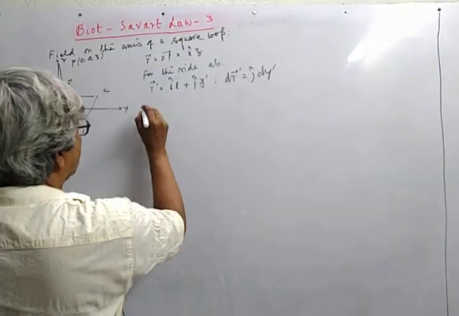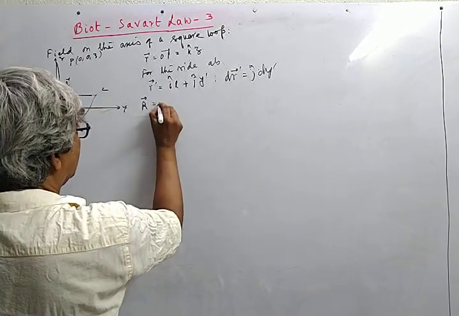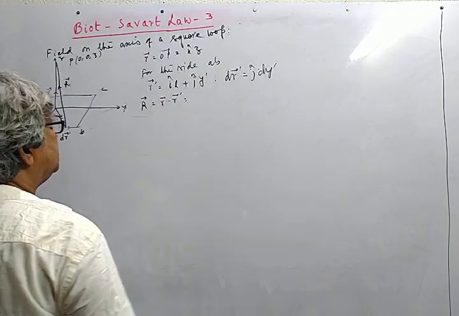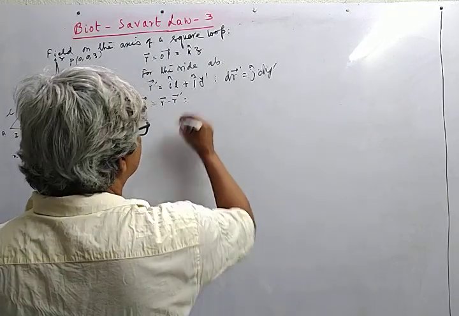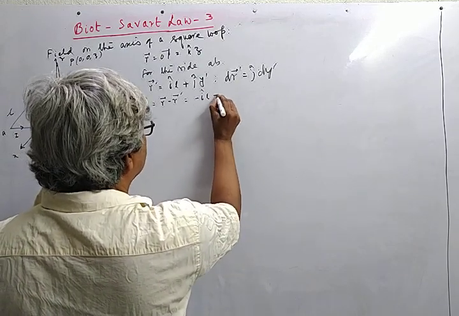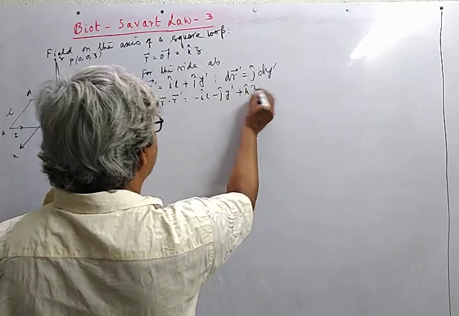And capital R, the relative coordinate, is equal to r minus r prime, is equal to minus i cap L minus j cap y prime plus k cap z.